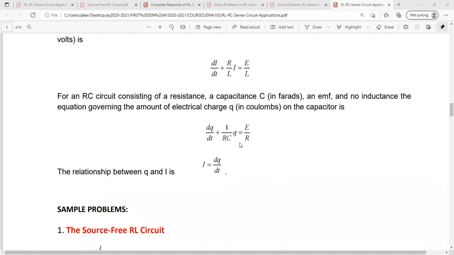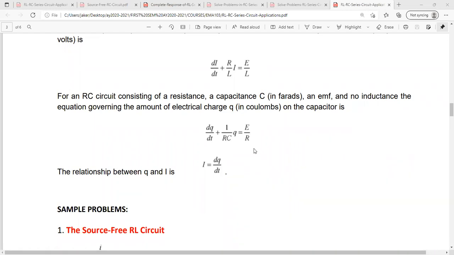It would be a lot easier if you do it that way. But if E is a function of time, just like in the fourth sample problem, you cannot use separation of variables. So you really have to evaluate this using the linear approach.